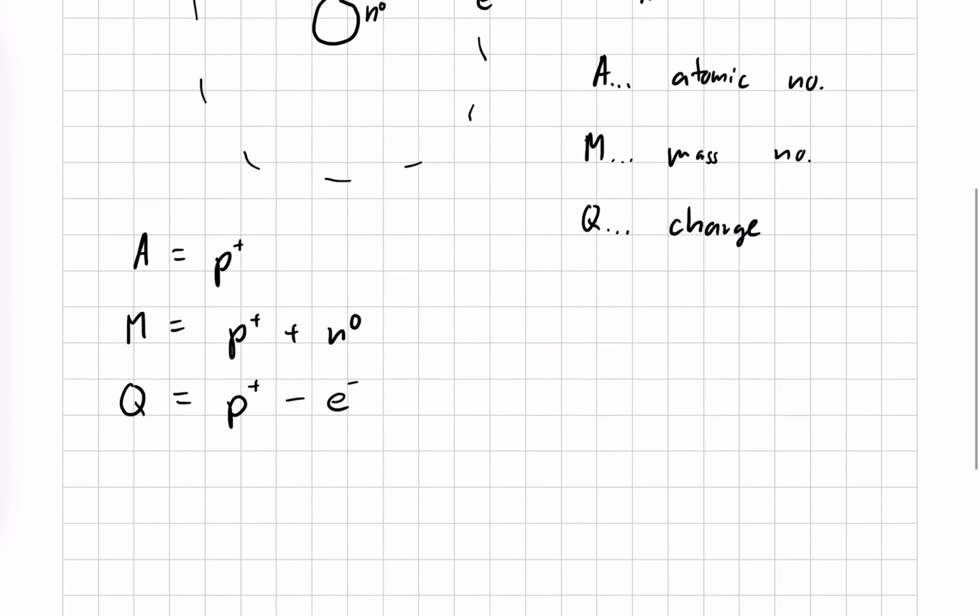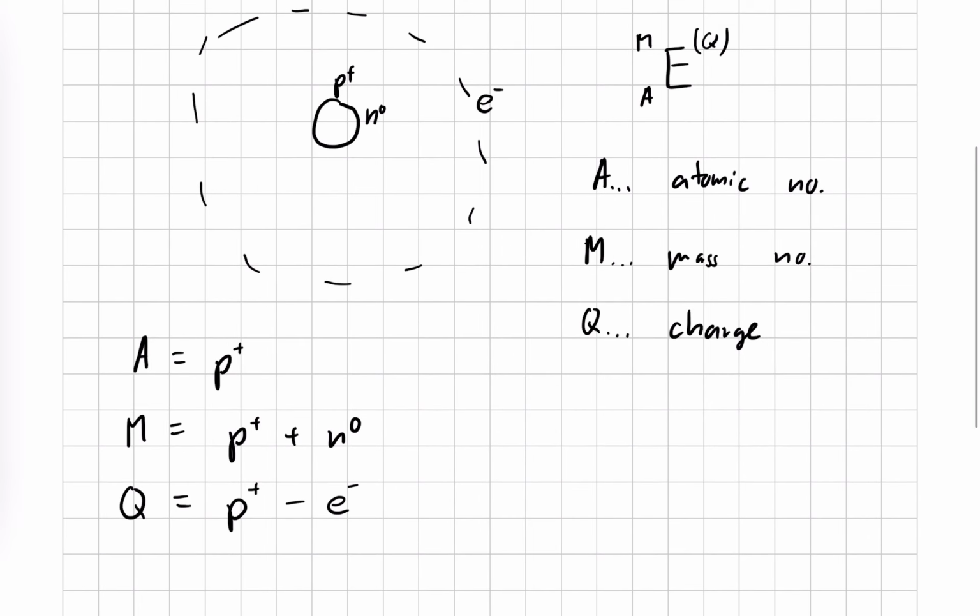Now let's set up these expressions, but now for the subatomic particles. So you can express the number of protons as the atomic number. You can express the number of neutrons as the mass number minus the atomic number.